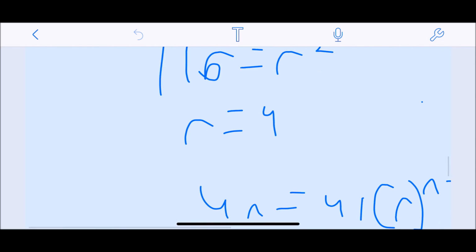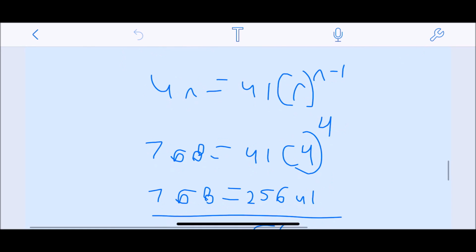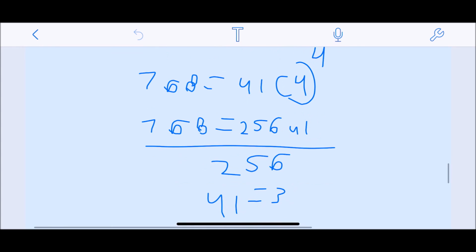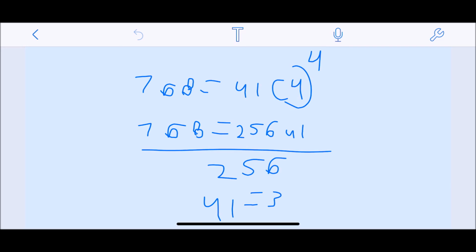If we divide these, not only can we simplify the numbers, but we cross out the u sub 1 and we simplify the r value. Using our exponent laws, r to the 6 divided by r to the 4 equals r squared, and that is r squared equals 16. So if you take the square root, you get the common ratio is 4.